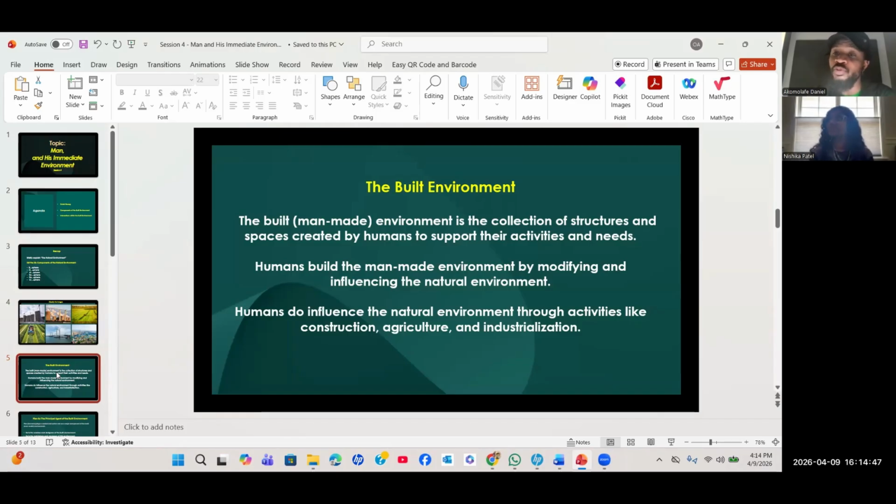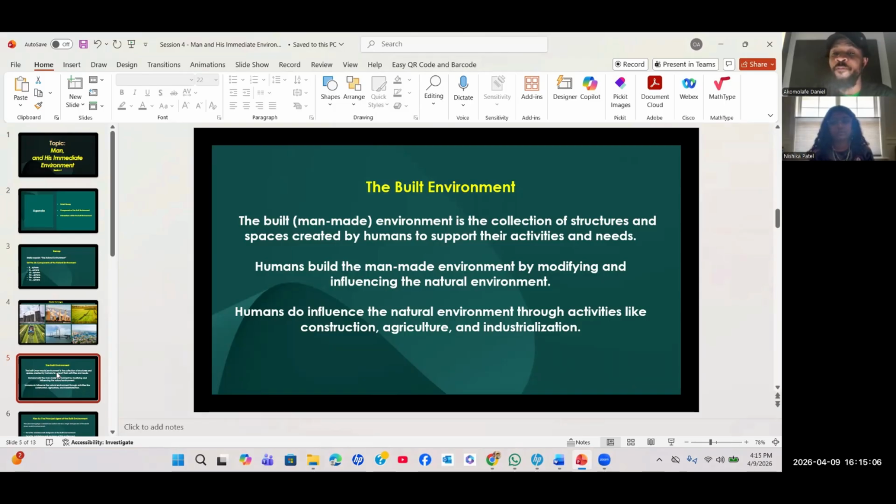So that leads us to the question of what the built environment is. The built environment, which we otherwise refer to as the man-made environment, is the collection of structures and spaces created by humans to support their activities and needs. Human beings cannot exist without the natural environment.